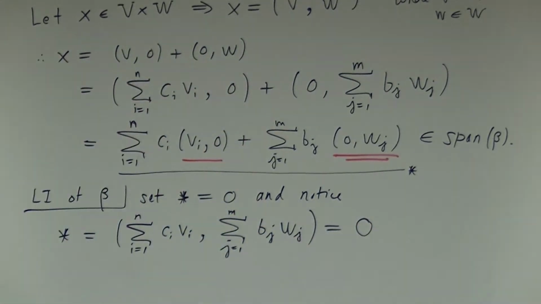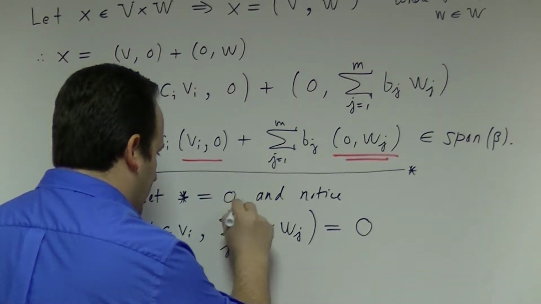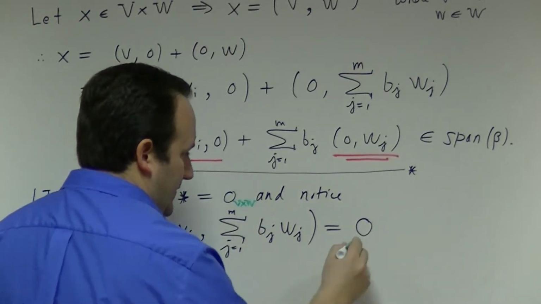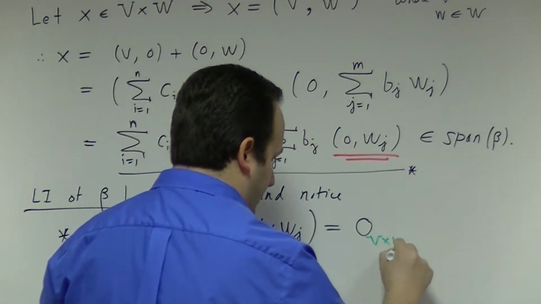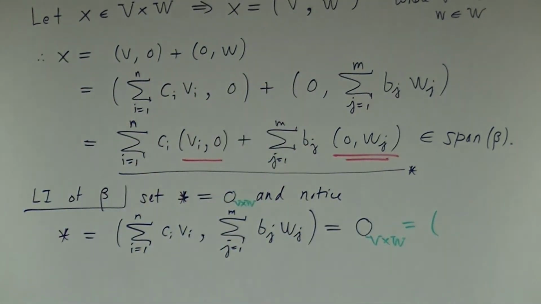But what 0 is that? That's not just any old 0. That's 0 in the cross product. I keep saying cross product. I really should say Cartesian product. So this is still a kind of Cartesian system. We call it Cartesian product in honor of Descartes, who started this way of thinking about it.